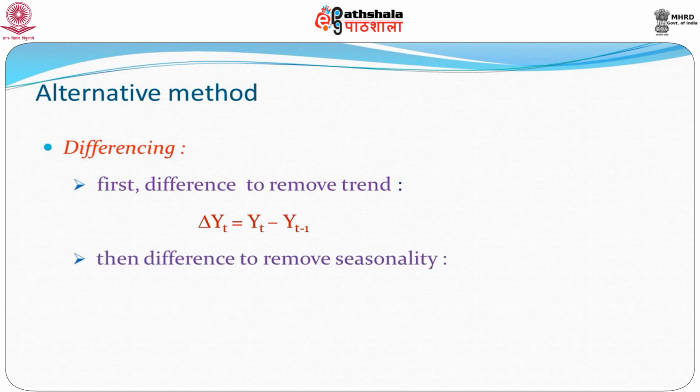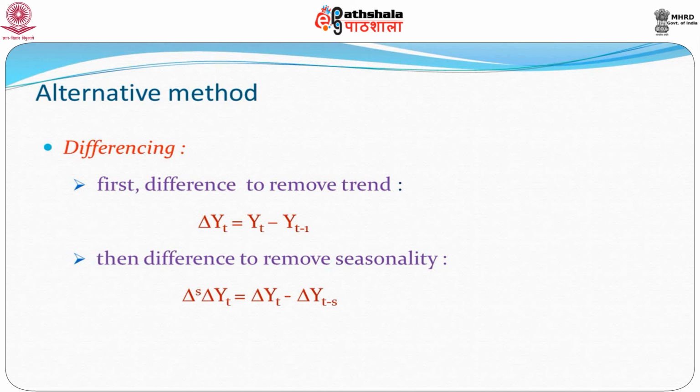And if you have higher degree trends, then you can remove it by higher degree differencing. Let's keep this simple for the time being. Let's look at the first difference and we remove the trend, and then we can remove the seasonality by appropriately taking a difference. In this case, a difference of order s, which is the order of the season.